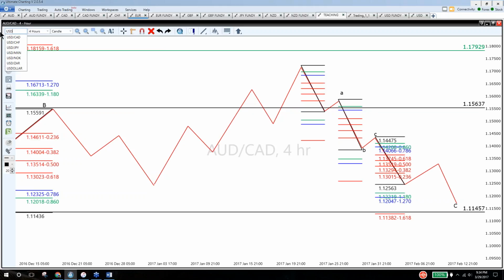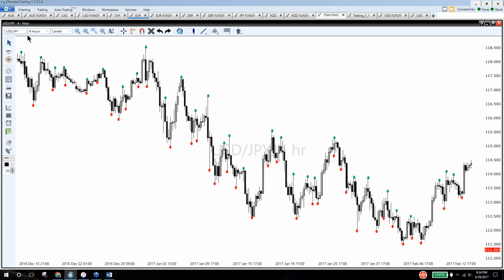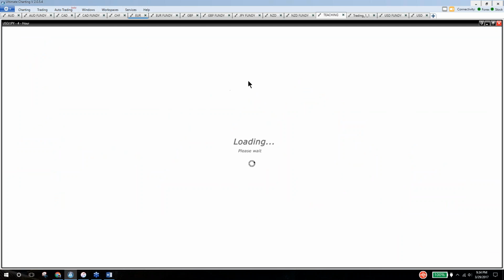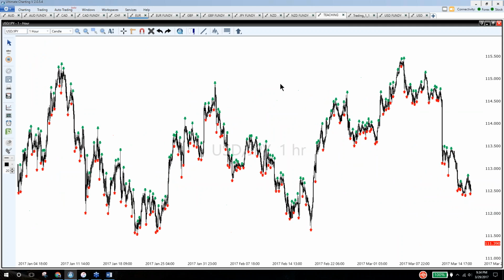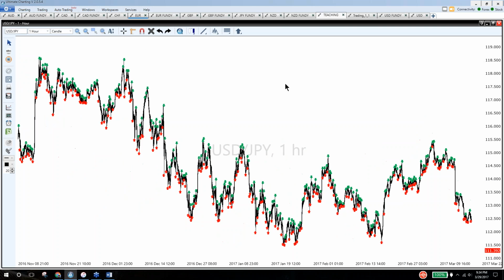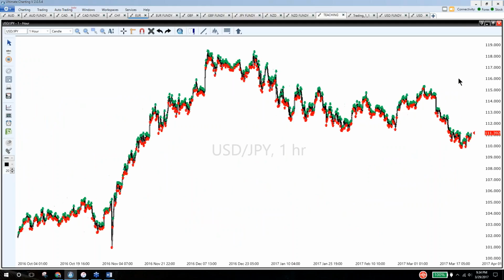Right, US dollar, JPY, and let's change this to a 1 hour chart. Okay, so first thing that we do always, compress the chart so that we can see the overall trend direction.